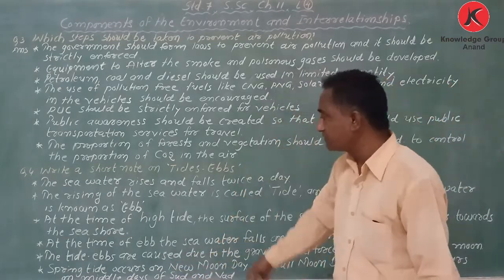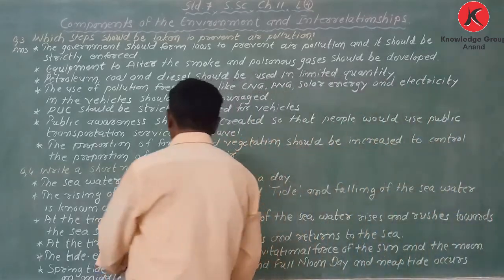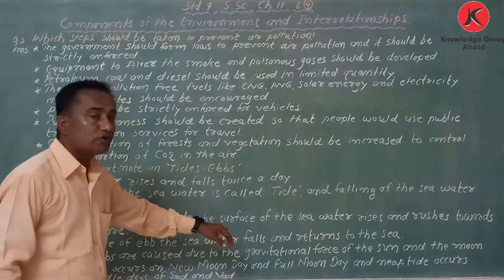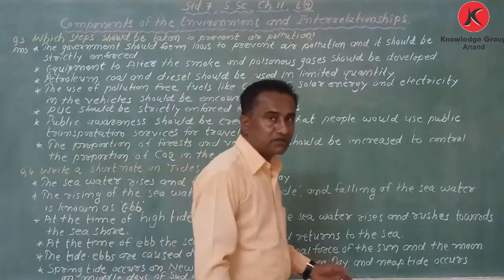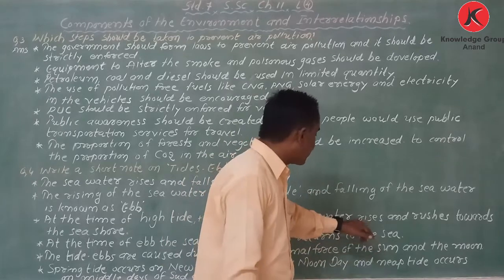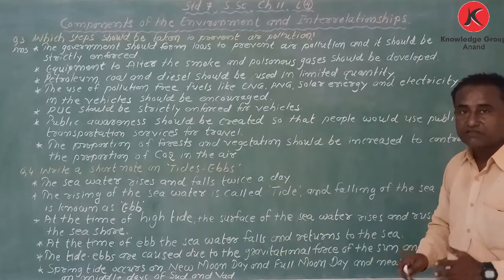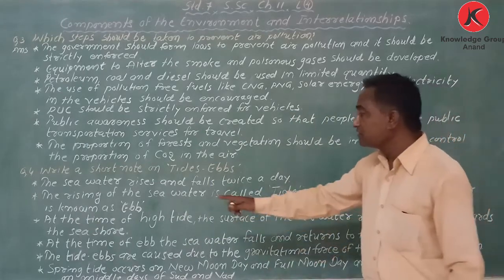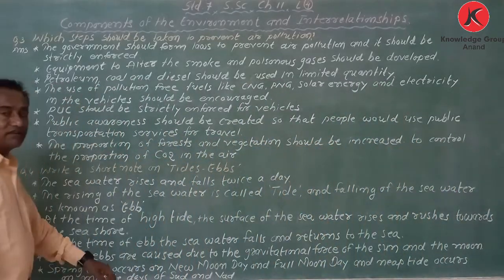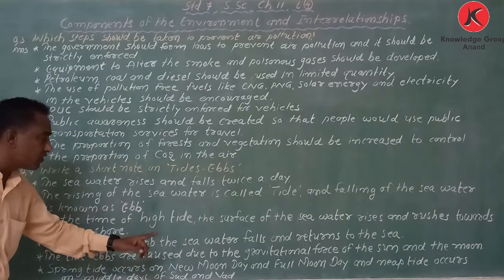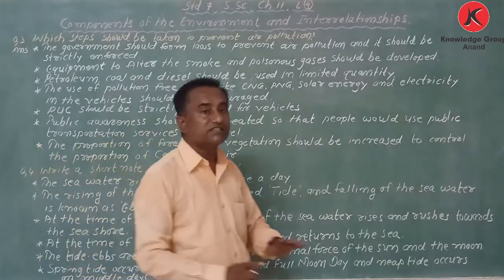At the time of high tide, the surface of the sea water rises and rushes towards the seashore. Second, at the time of ebb, the sea water falls and returns to the sea.